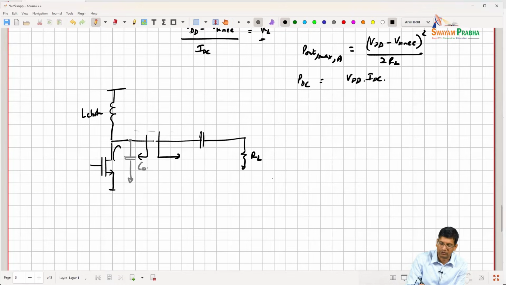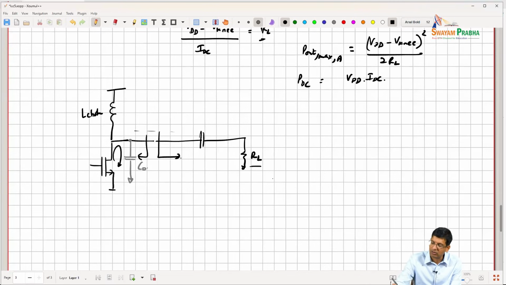But now some current is going to start getting shunted here. So I see that the optimum impedance that I need to present here in order to get as much power as possible is not quite BDD over IDC. It's not just the RL.